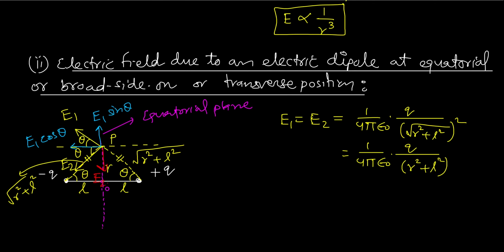E2 sine theta will come in this direction, and E2 cos theta will again be parallel to E1 cos theta. And as E1 and E2 are equal in magnitude, E1 sine theta and E2 sine theta will also be equal, so they will cancel each other, and the parallel components E1 cos theta and E2 cos theta, being in the same direction, will be added together to produce the resultant net electric field.